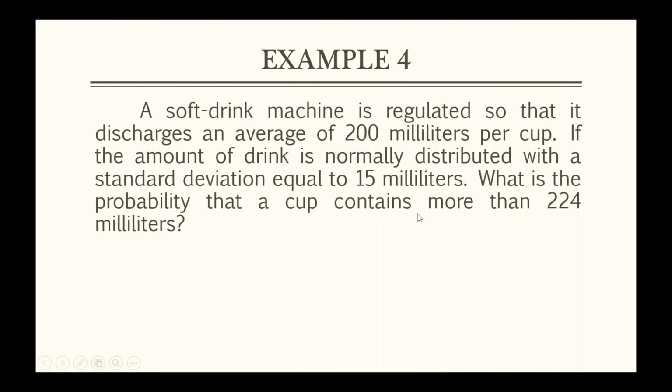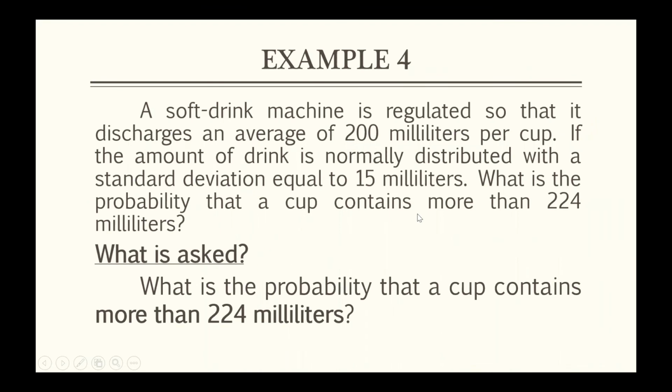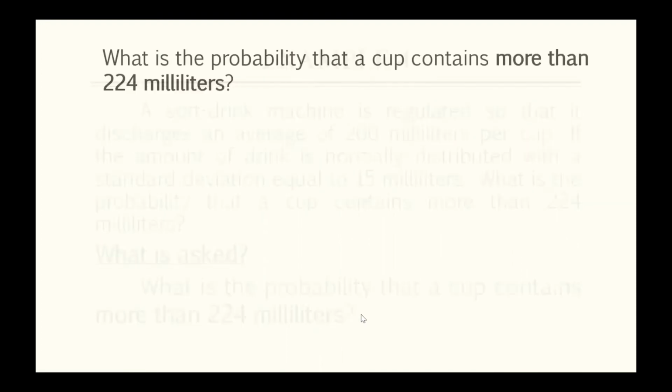So in the problem, what is asked? What is the probability that a cup contains more than 224 milliliters? So to answer this, let us first identify the given in the problem.